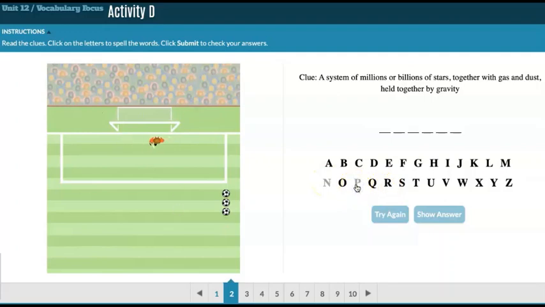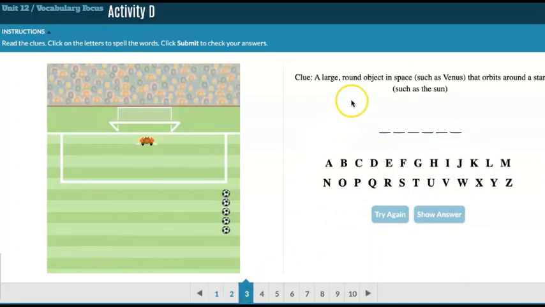P, it says no. I. M. A. Okay, we have S. Probably we have to use a G, but I don't have galaxy. Yes.